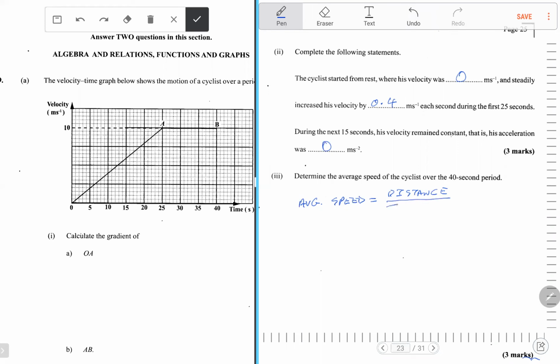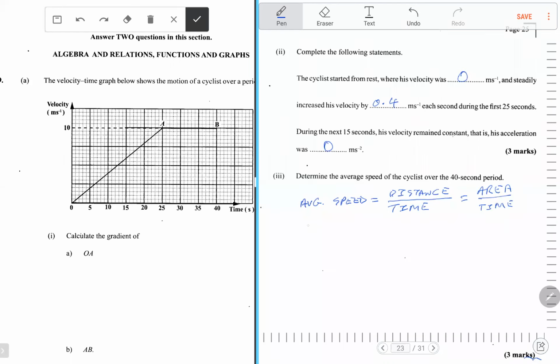Remember now that distance on a velocity time graph or on a speed time graph is area. So basically I want the area under the graph now.